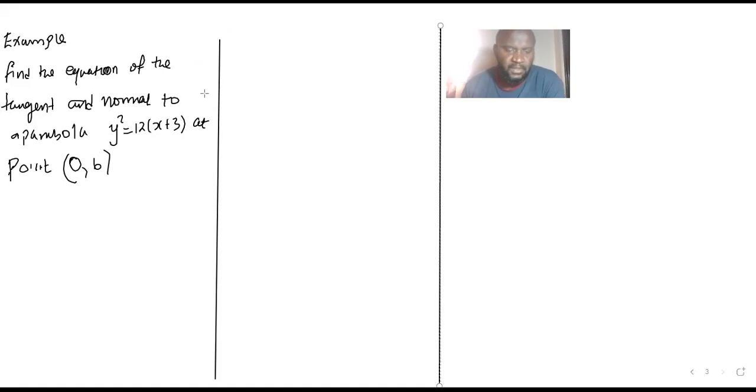So first of all, we need to get the gradient function of the curve.